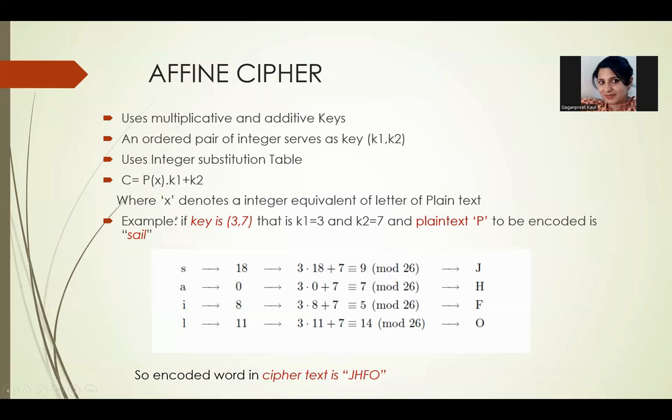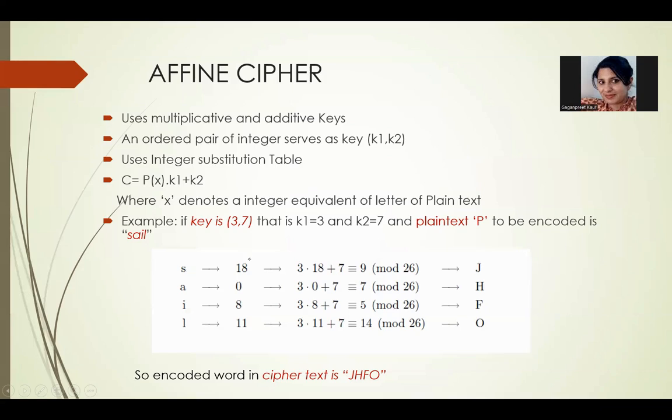So let's say the key we are using is (3, 7), that is K1 is 3 and K2 is 7. So the key is expressed as an ordered pair, where the first value tells you K1 and the second value is the value of K2. And let the plain text be encoded as SAIL.